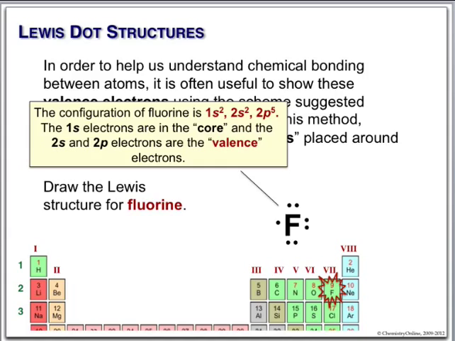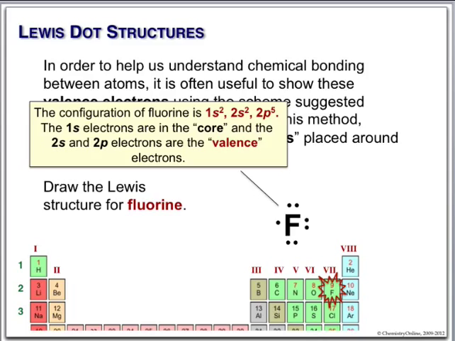Why couldn't I put it here? Well, of course you can. This is simply a bookkeeping tool. And using this very simple tool, we're going to be able to explain the formation of ions and the formation of covalent bonds.